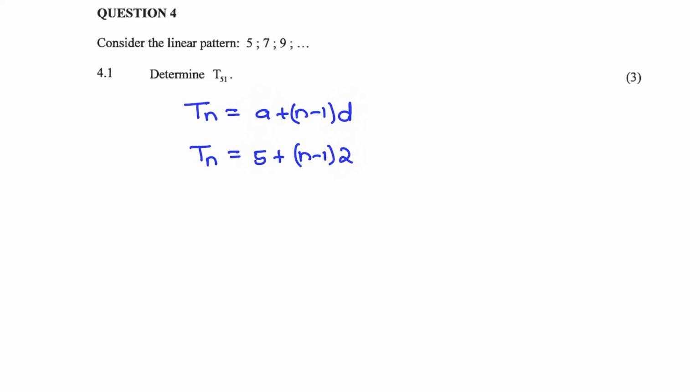So all I need to do is substitute a with 5 and d with 2. Now I can find the value of the 51st term by replacing n with 51. So T51 is equal to 5 plus (51 minus 1) times 2. And that is equal to 105.